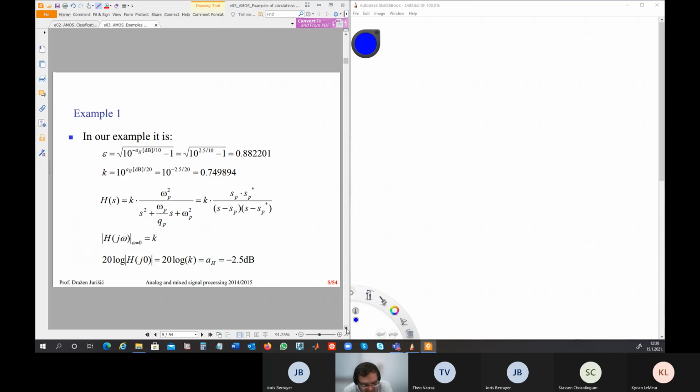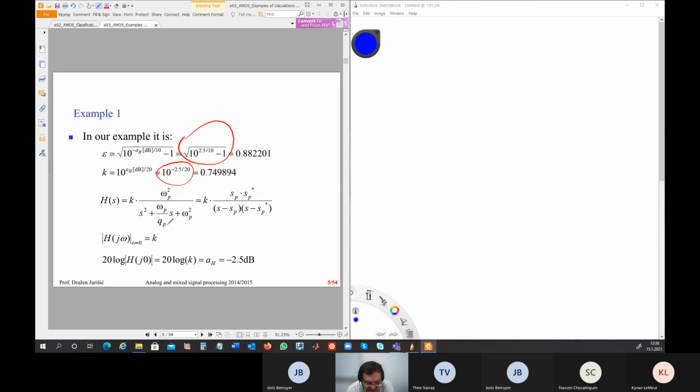Now, in our example, epsilon is equal to 0.882201. If you put it in this simple equation, or if you try to calculate K, then you can use another equation like this. So you can obtain K if you introduce DC.